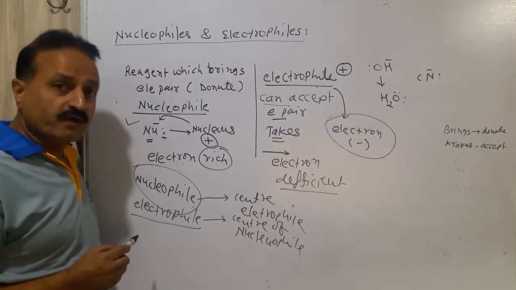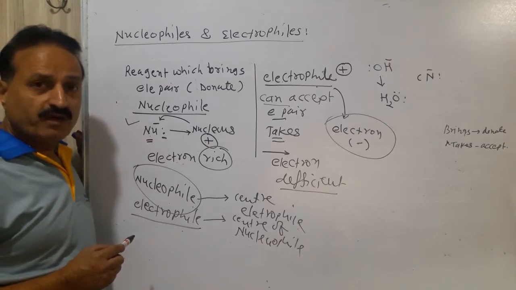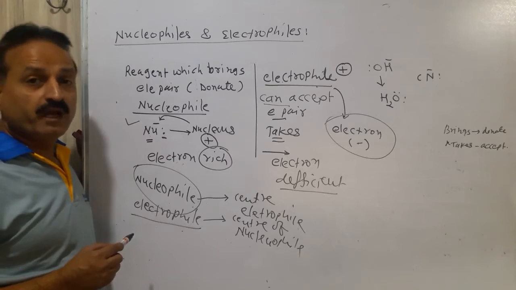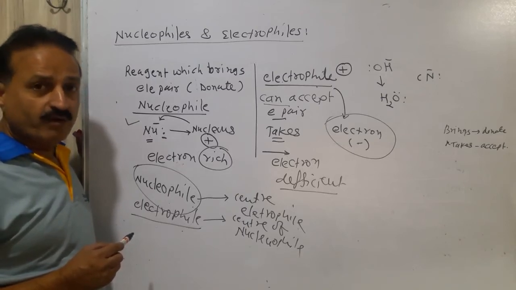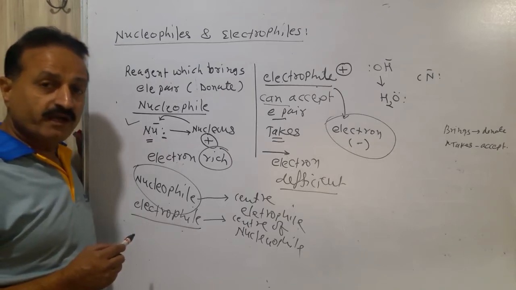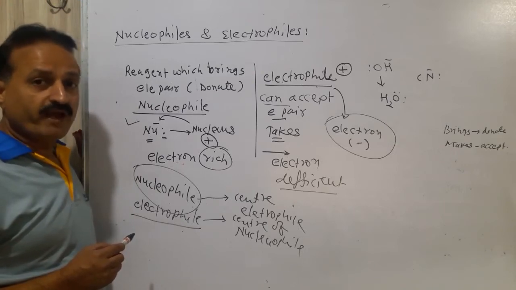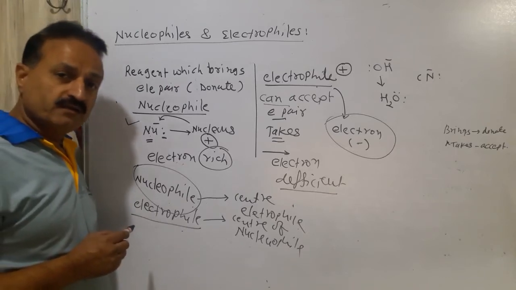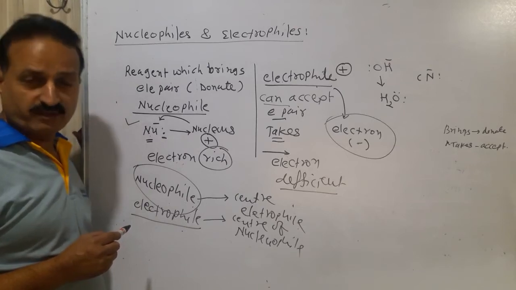So electron rich reagent is known as nucleophile and electron deficient reagent is known as electrophile. Nucleophile attacks on the center of electrophile substrate or reagent. The reaction is known as nucleophilic reaction, and when electrophile attacks on the center of nucleophile, the reaction is known as electrophilic reaction.